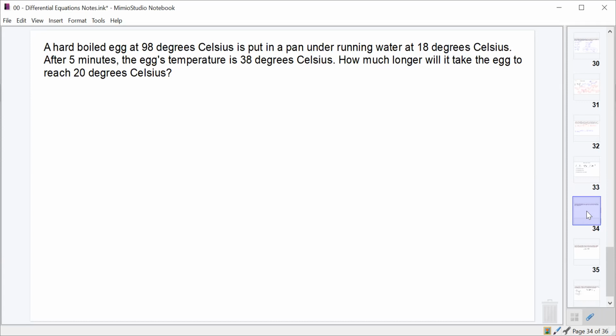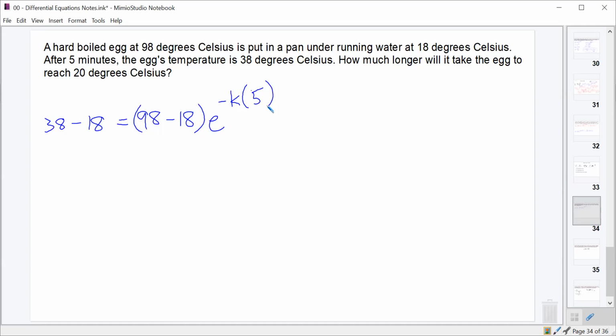So we're going to have to find the value of k, and we'll do that by using the initial temperature of 98 and the final temperature of 38 after 5 minutes. So our final 38 minus the surrounding temperature, 18, ought to equal our initial temperature, 98, minus our surrounding temperature of 18, times e to the negative kt, where t is 5 minutes.